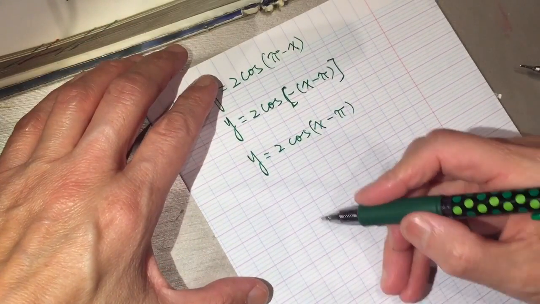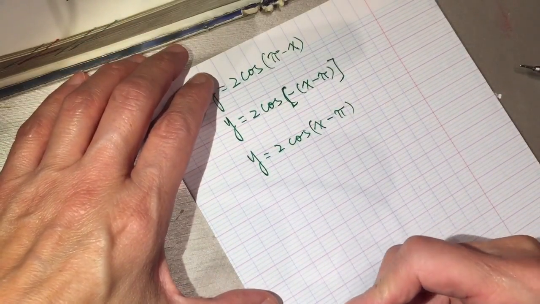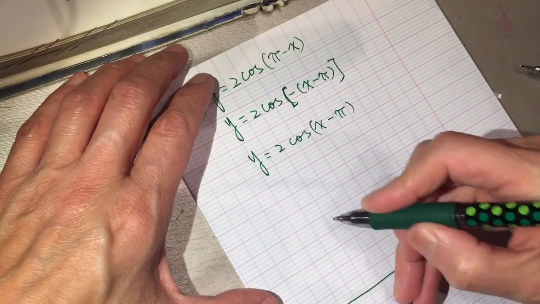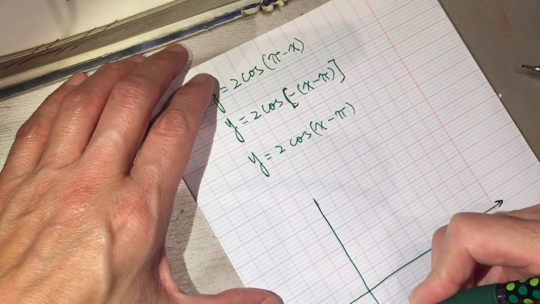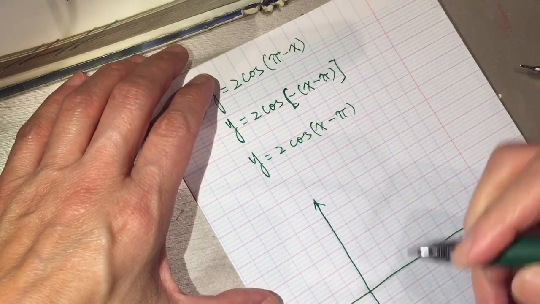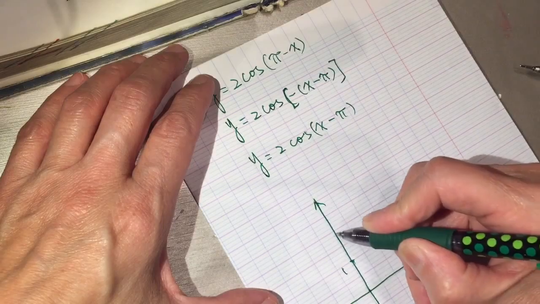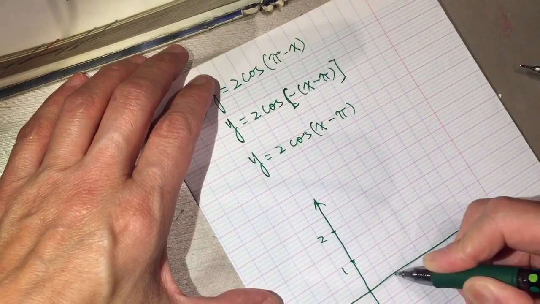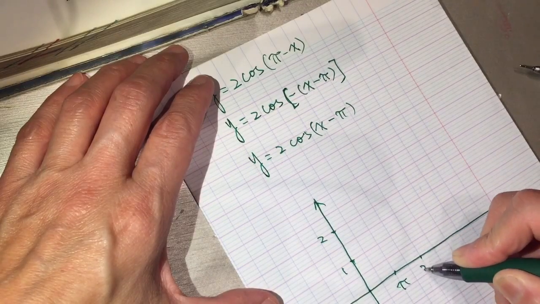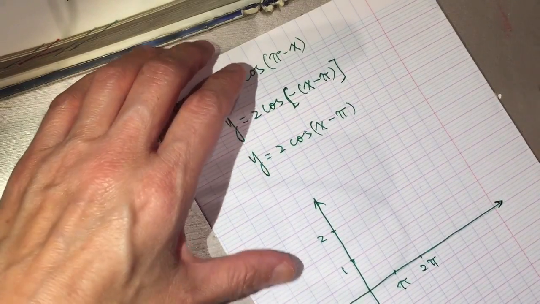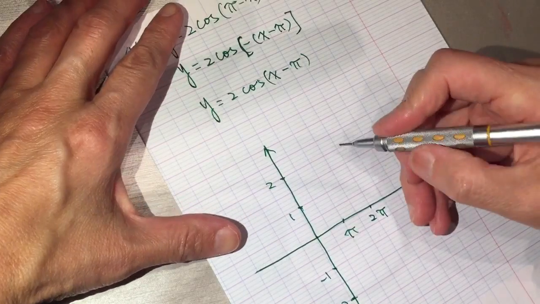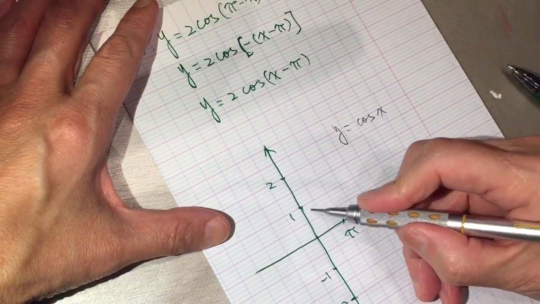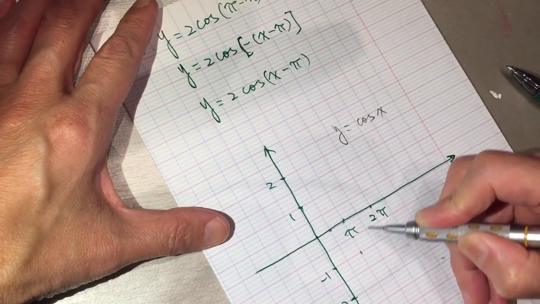Anyway, so let's draw. We always make sure that it starts always the same scale. 1, 2, -1, -2, pi, 2 pi. So the first thing we are going to draw is y equal cosine x. We drew the basic form.